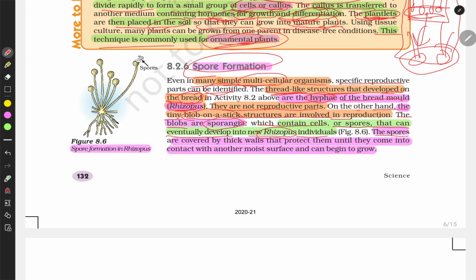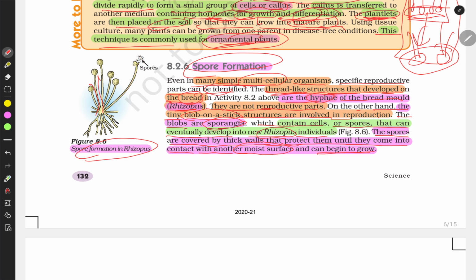The spores are covered with thick walls that protect them until they come into contact with another moist surface and can begin to grow. This is a Rhizopus. We can see it in bread mold. It has a thread-like structure, and on the top of the thread-like structure there is a ball-shaped thing called the sporangium, and it contains spores.